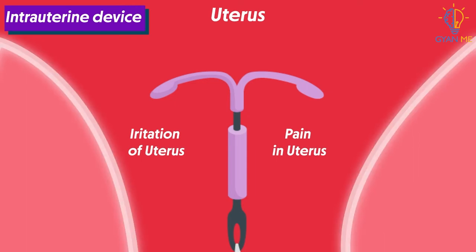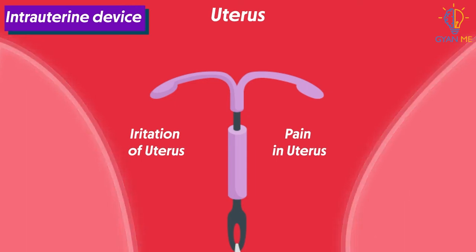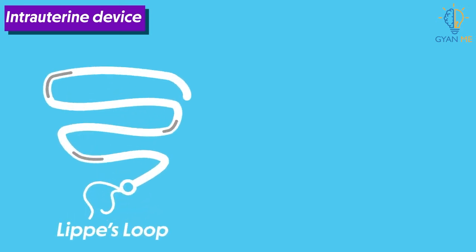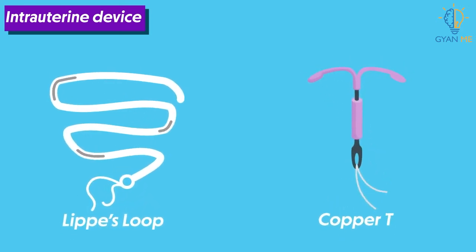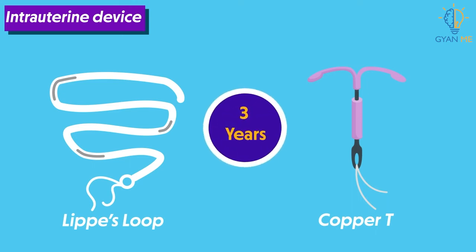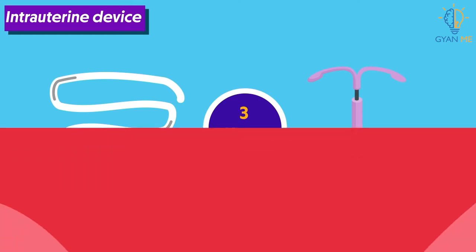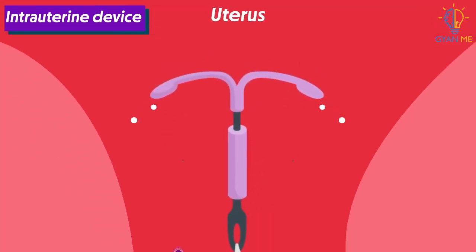There are two synthetic devices commonly used in India, Lippes loop and copper-T, made of copper and plastic. This can remain for a period of 3 years in the uterus. This reduces the sperm fertilizing capacity and prevents implantation. This also helps to give adequate time interval between pregnancies.